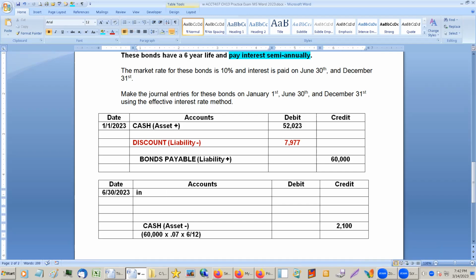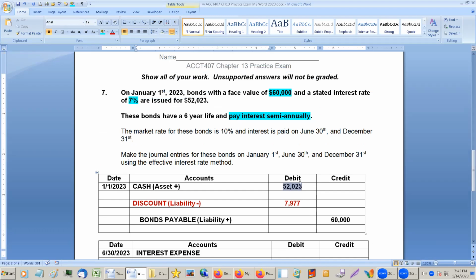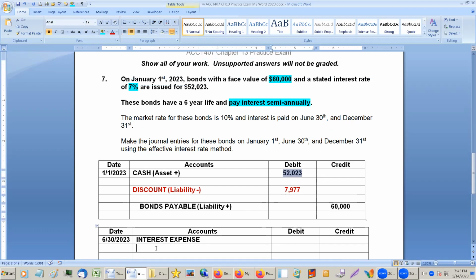Our interest expense is really, how much did we really borrow? We really borrowed 52.23. What rate did we really borrow it at? We really borrowed it at 10%.